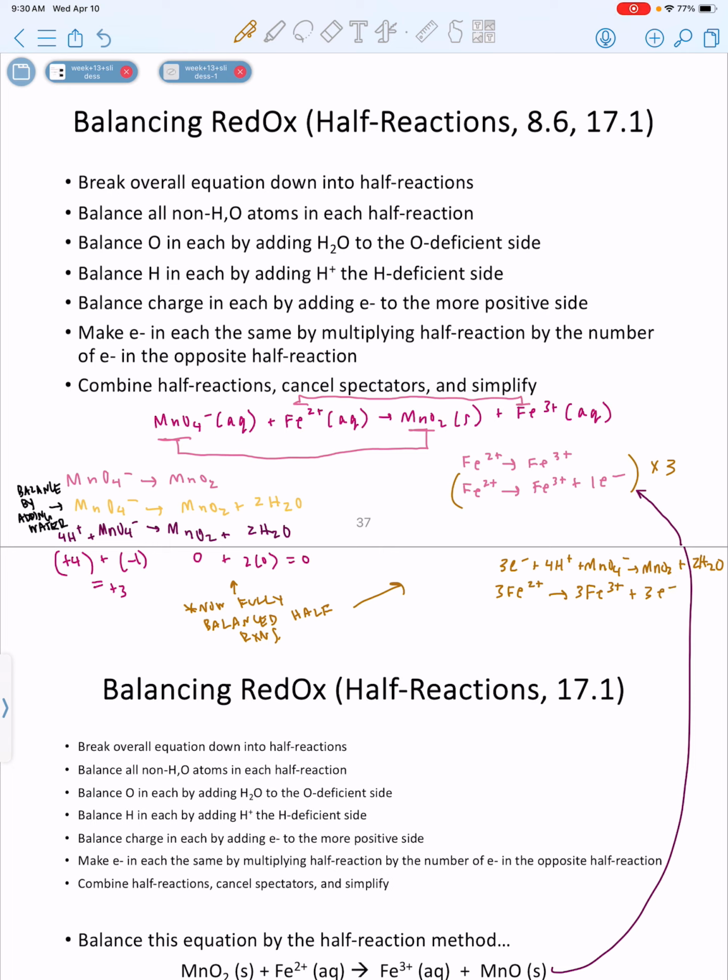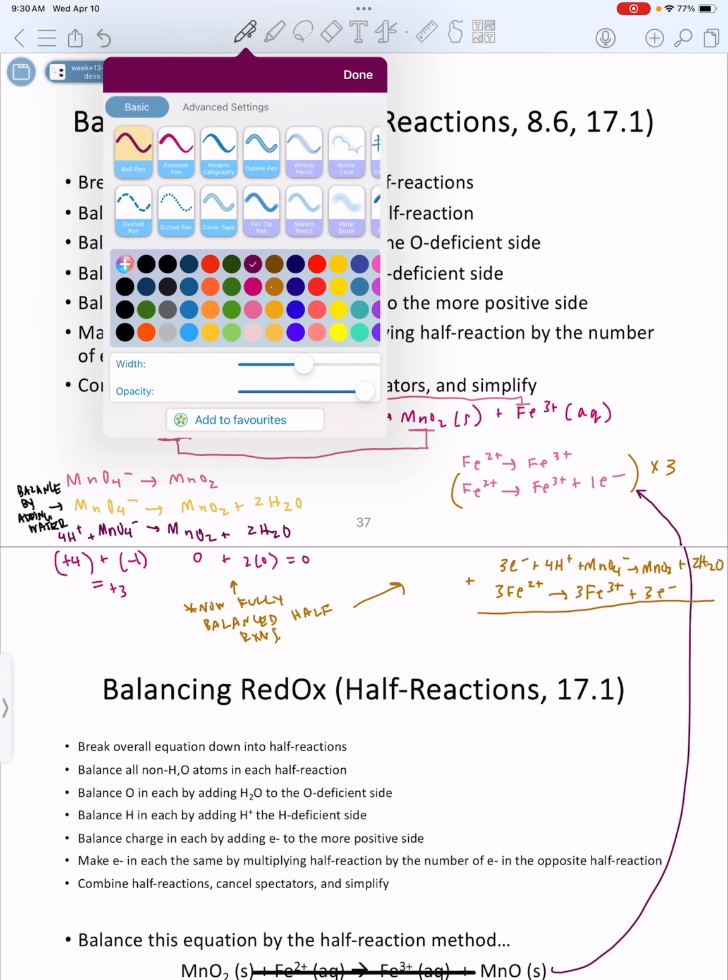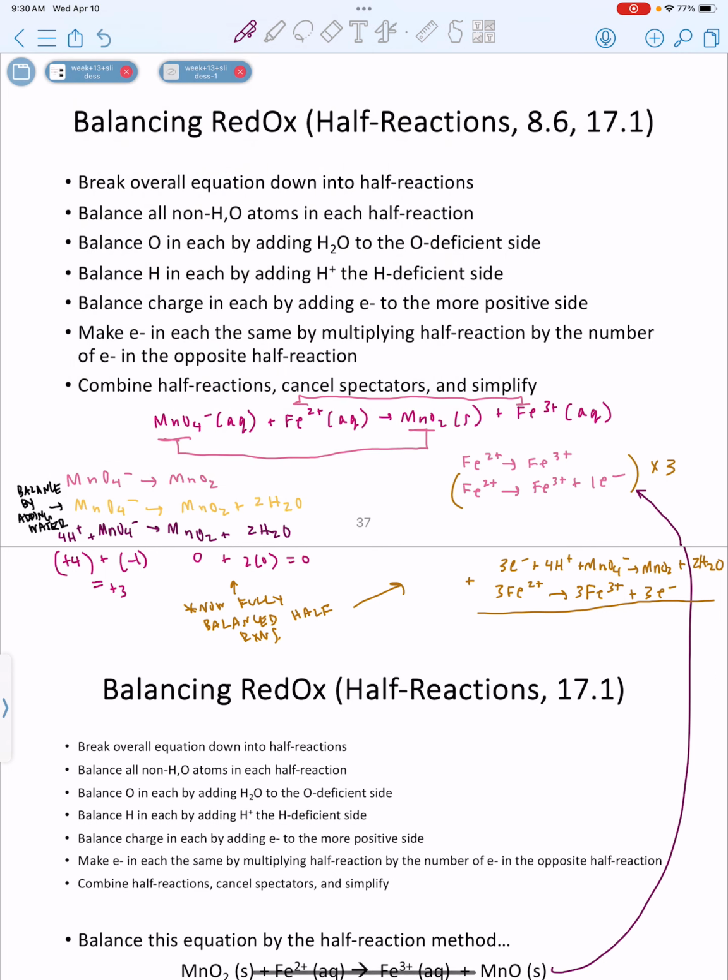So just like with Hess's law, I can add these together. What's going to cancel? Electrons, they must. If you have electrons left over when you're done, that's a built-in check that tells you you did something wrong. But I have 3 electrons on the left, 3 electrons on the right.